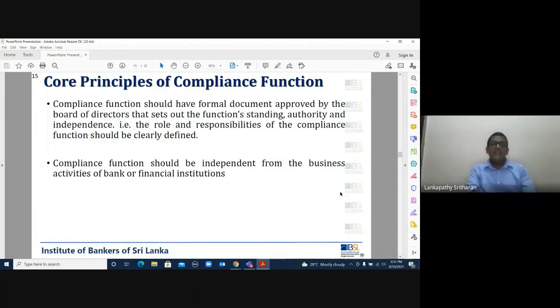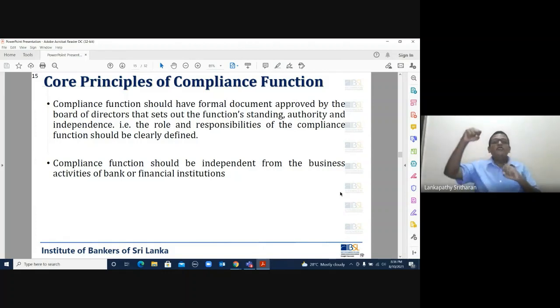The first one is that the compliance function should have a formal document approved by the board of directors. It should be formally documented and approved by the board of directors, setting out the function's standing, authority and independence. That is, the role and responsibility of the compliance function should be clearly defined. Based on this core principle, we have developed other concepts.